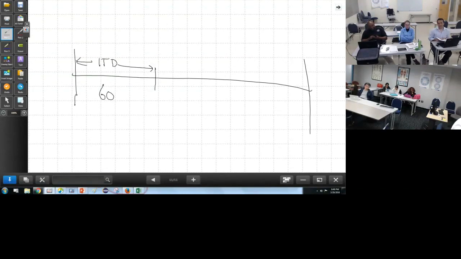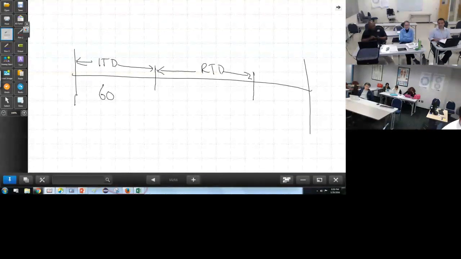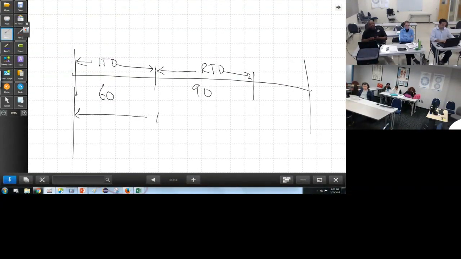So it's 2 months, and then it takes another 3 months to collect it. So that will be receivable turnover days. So this is another 90 days. How much is that total? That is 150 days.